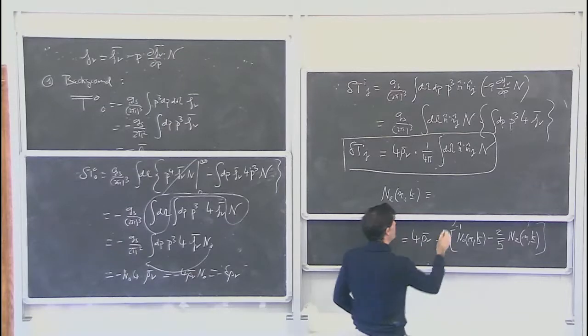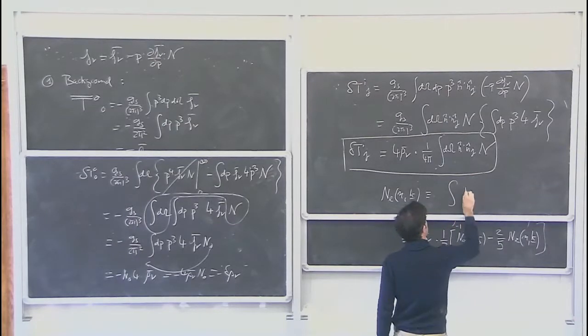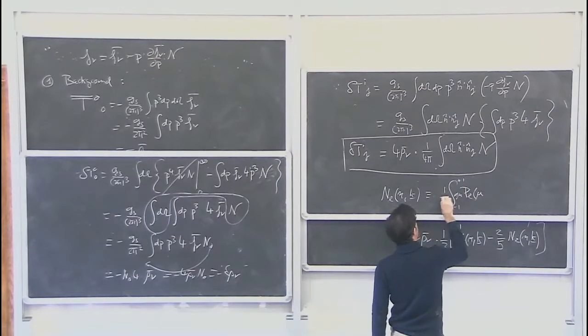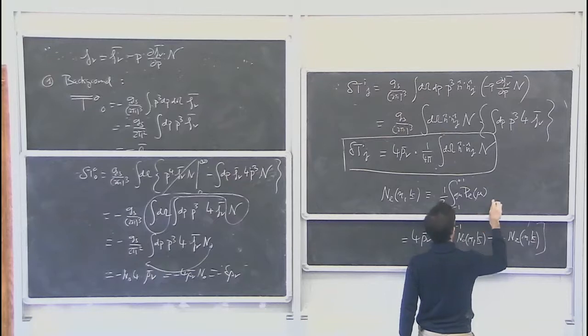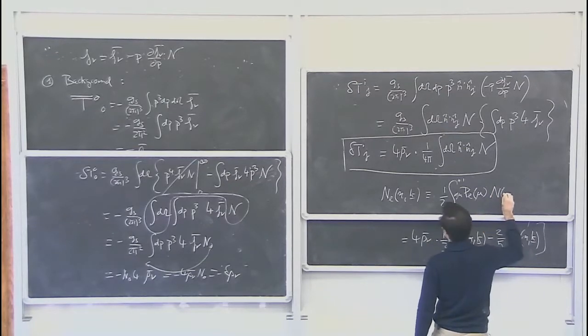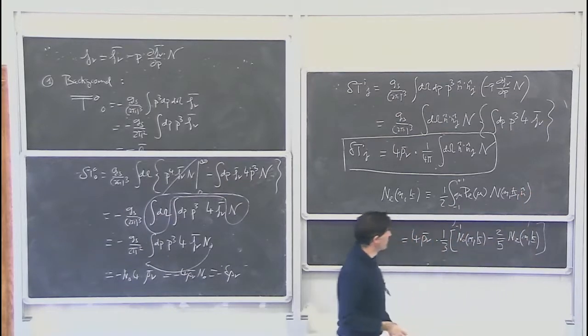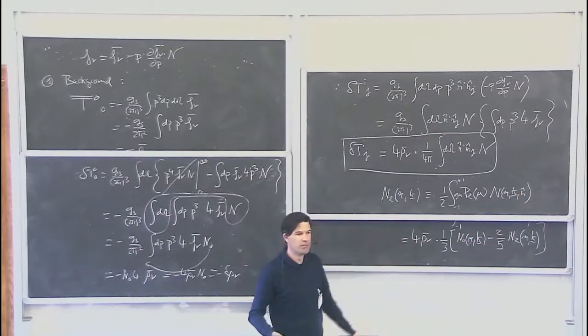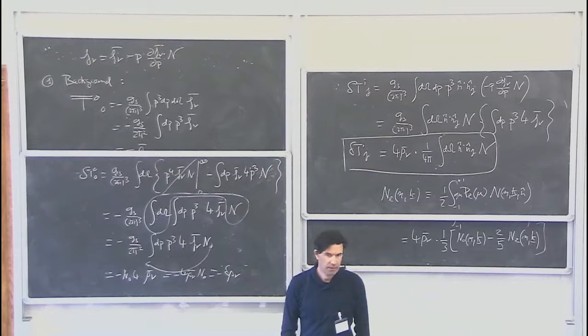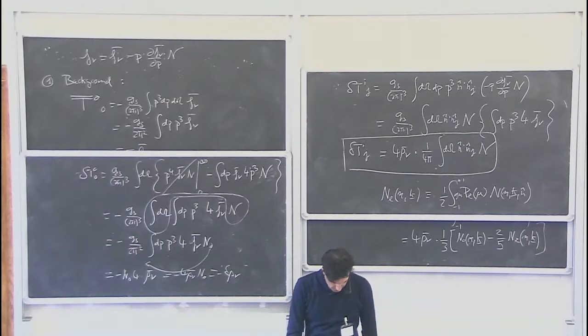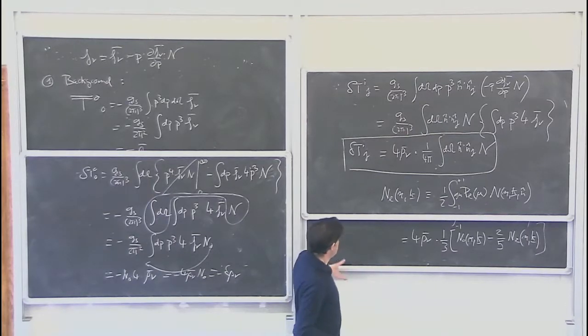I don't remember it, but PL of mu, I think this is just the definition. Okay, with the understanding that the integral over the azimuthal angle is trivial, okay?